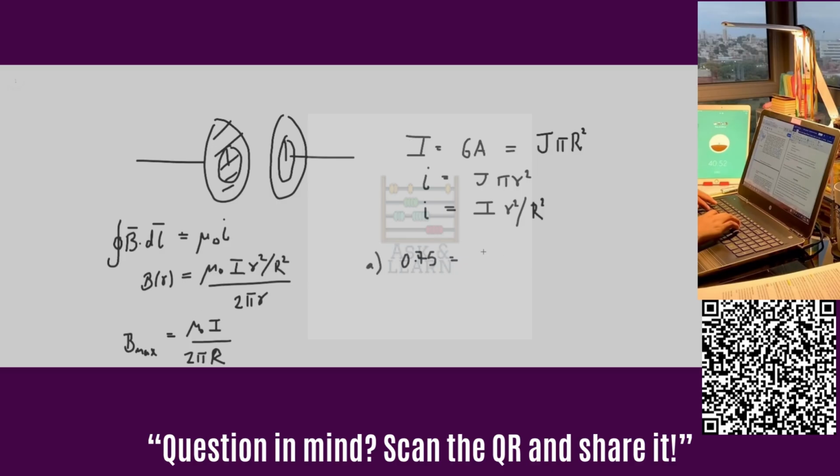So I can straight away write this as small r square over capital R square divided by 2 pi small r and 2 pi capital R. That gives us small r over capital R is equal to 0.75.